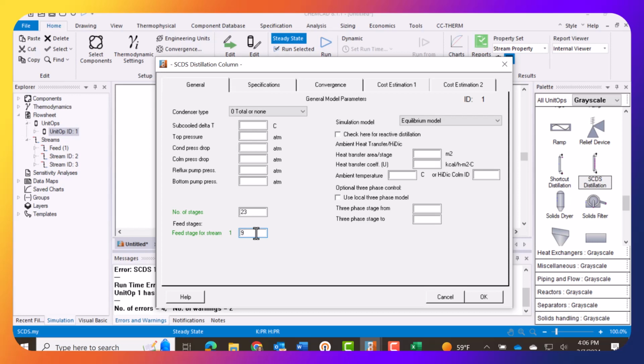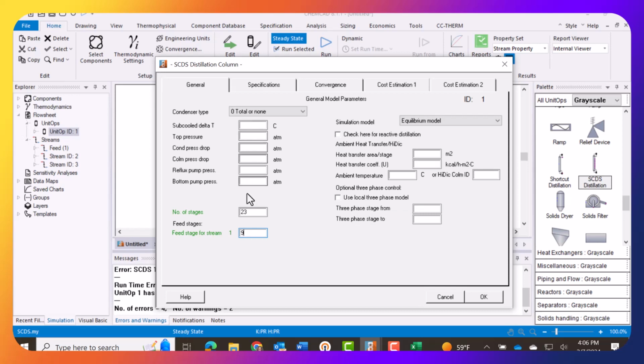We're feeding at stage 9, according to those. We have an equilibrium model. We are not doing reactive distillation. I don't know anything about the heat transfer, so I can't do that, and we are not going to have a 2 liquid phase system.